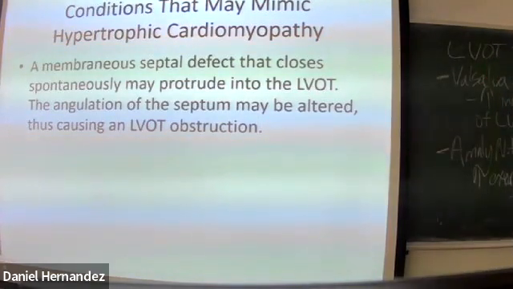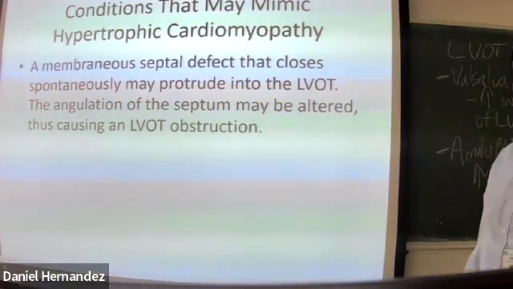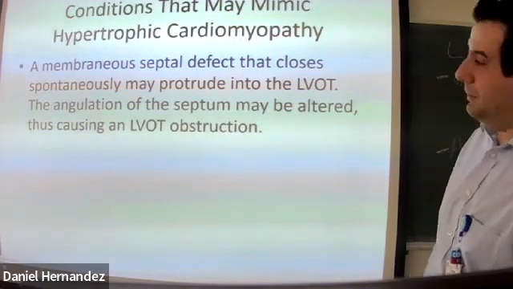A membranous septal defect, ventricular septal defect that closes spontaneously may actually protrude into the LVOT. The angulation of the septum may be altered, thus causing an LVOT obstruction. It's another possibility.